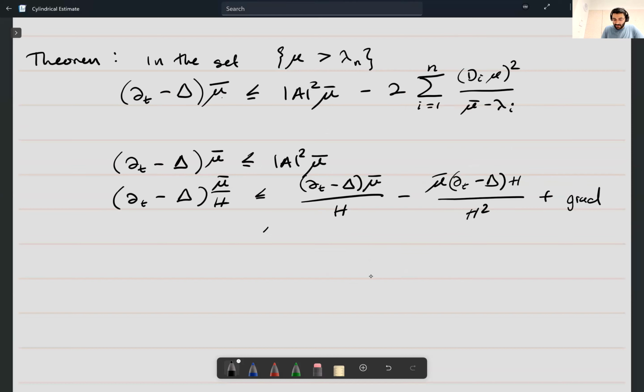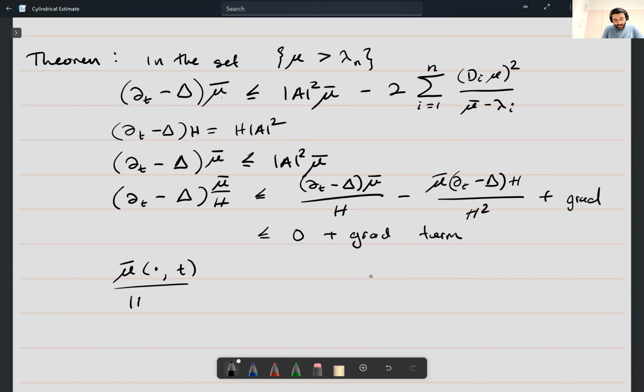These will cancel out, because remember that the evolution of h is equal to h A squared. So one of the h's will cancel out and I'll have a mu there. In the end, I'll just get 0 plus the gradient term. From that, I can immediately conclude that this quantity is bounded by its initial value.